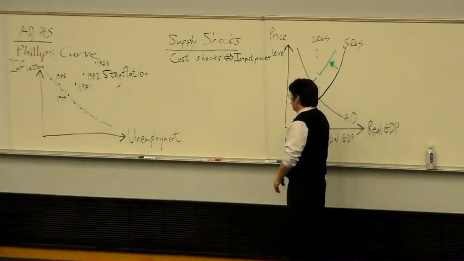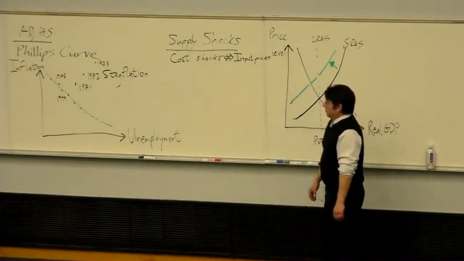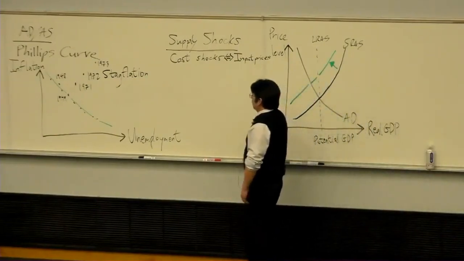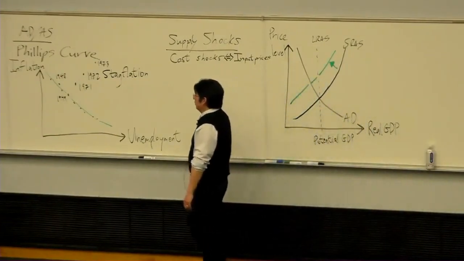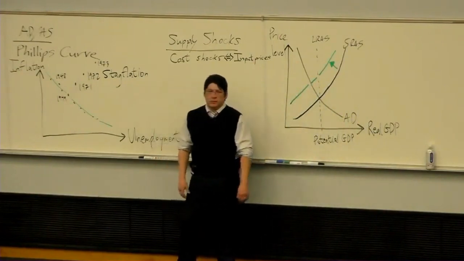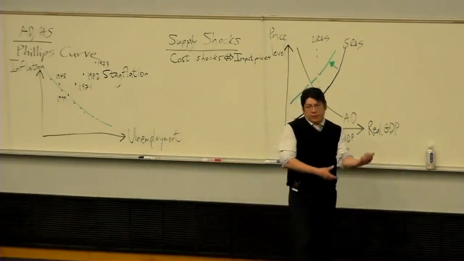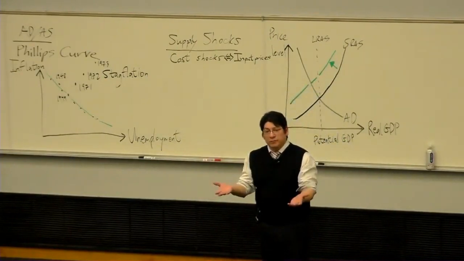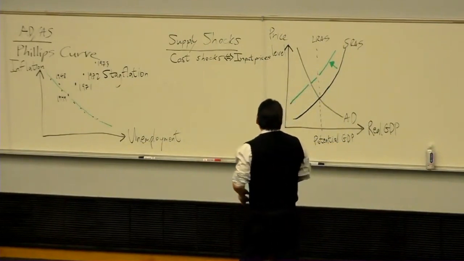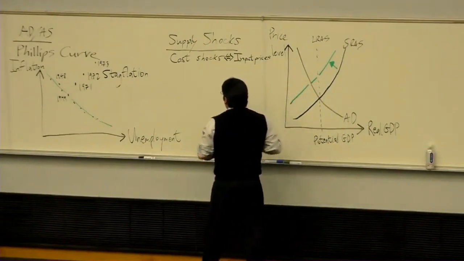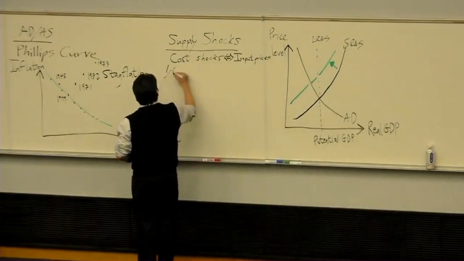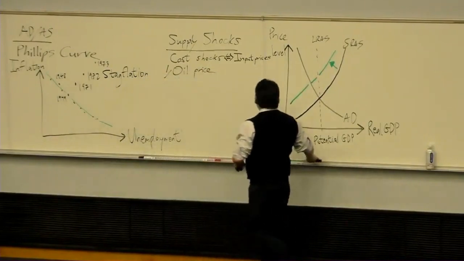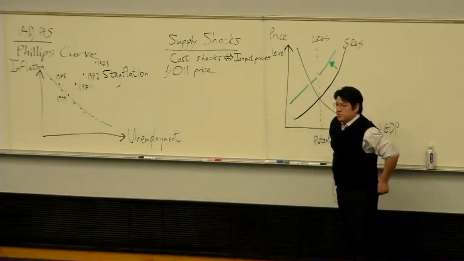In the case of the 70s, there's an obvious candidate for a cost shock because there were at least two times during the decade when a particular input had a significant increase in prices. And that was, of course, the oil price. So one candidate that could be behind supply shocks is the price of oil, or more broadly, the price of energy.